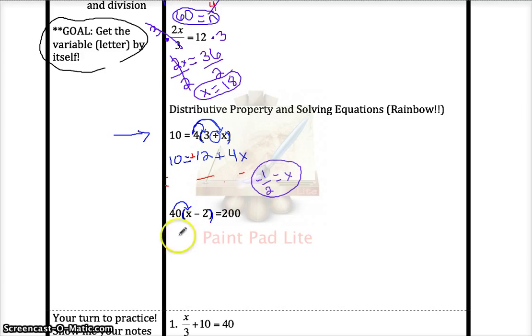40 times x is 40x. And 40 times a negative 2 is a negative 80. And we're still going to set it equal to 200.